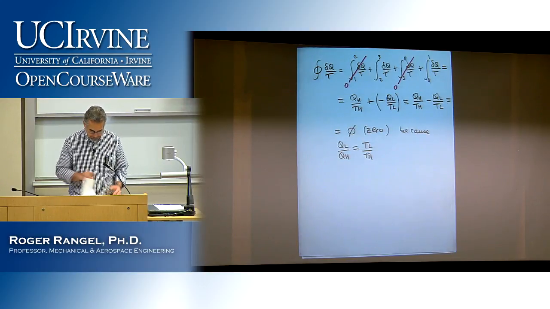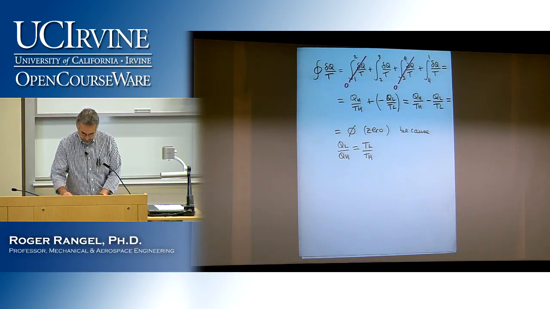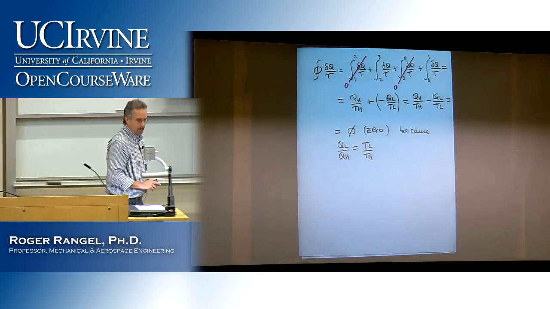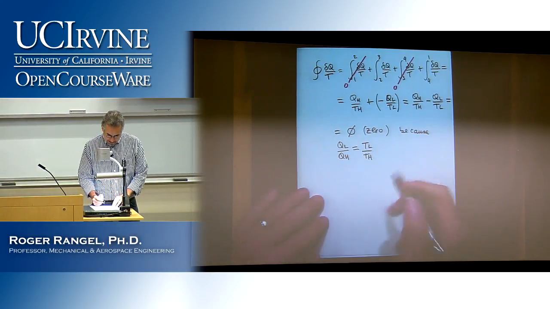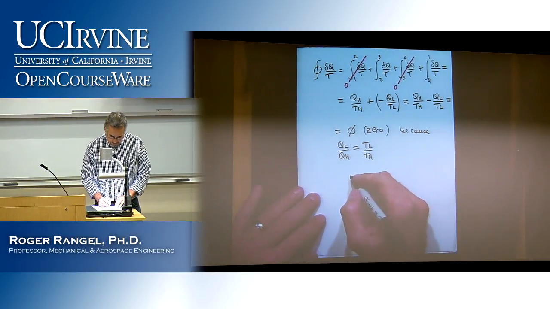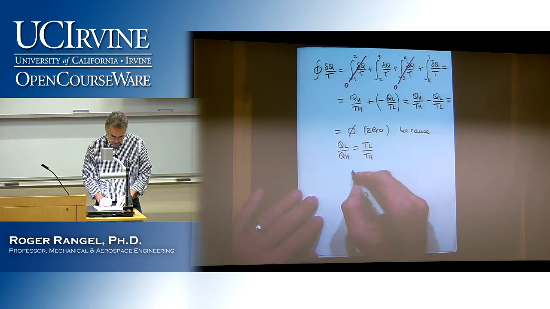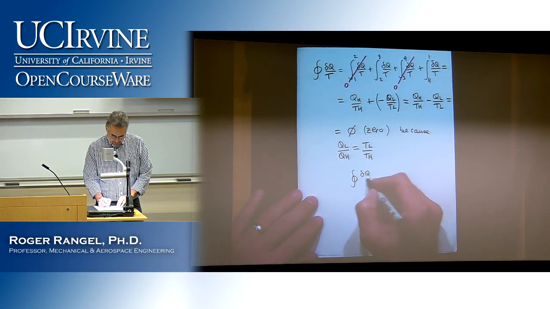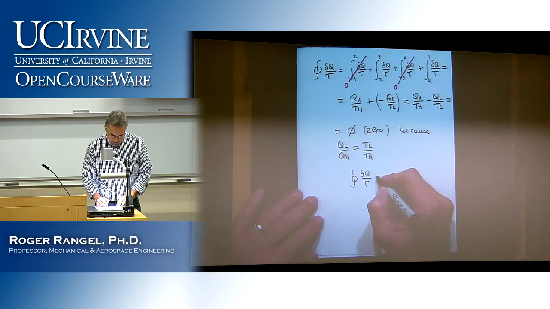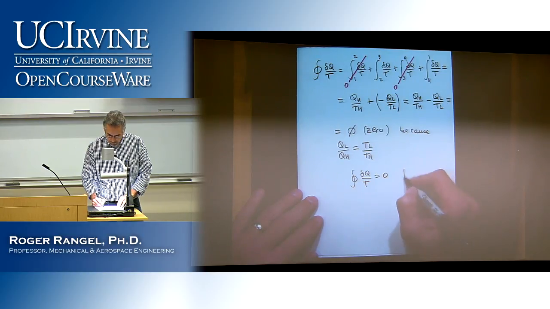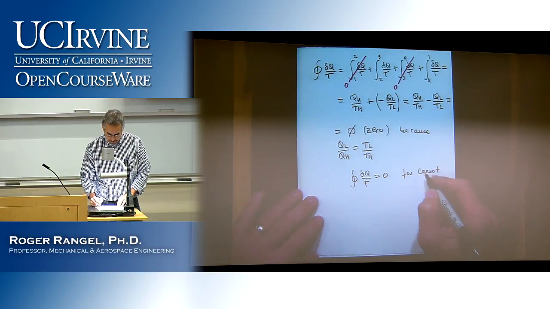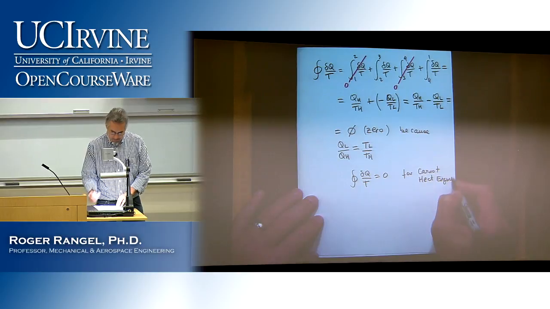All right? Okay. So let's put that here somewhere in summary. The integral of delta Q over T is equal to 0 for Carnot, because we're doing this for a Carnot heat engine. All right?